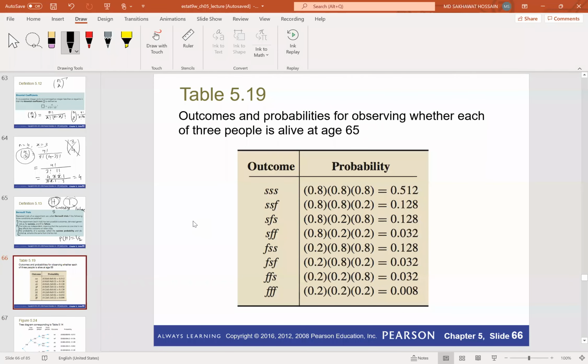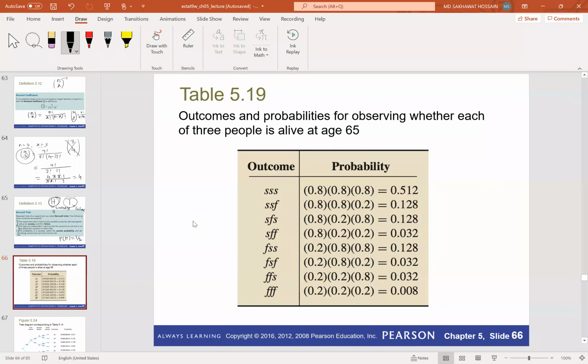Okay, so here we have an example: outcomes and probabilities for observing whether each of three people is alive at age 65. Here we consider three people and each person is just one trial. So we actually have three trials here and there are two outcomes, either success or failure. Success means the person is alive.